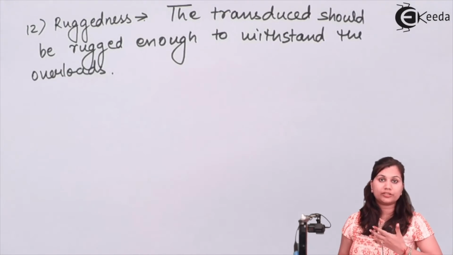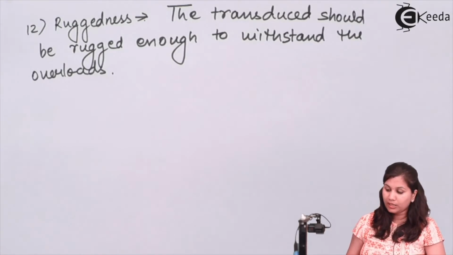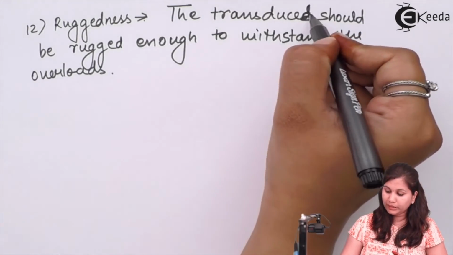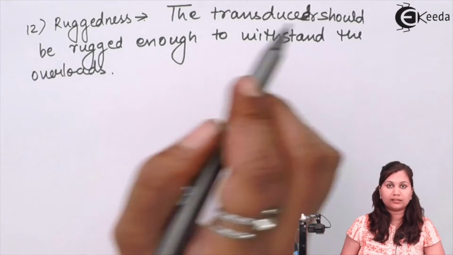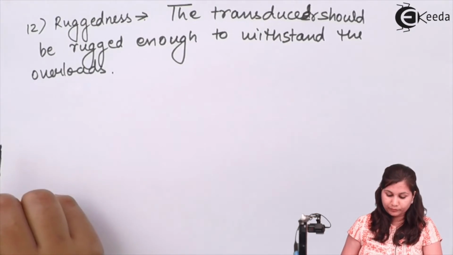That is called the rigidness of the transducer: it should be rigid enough to withstand overloads.